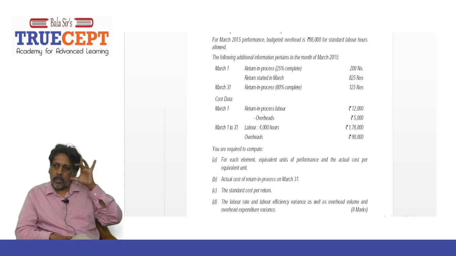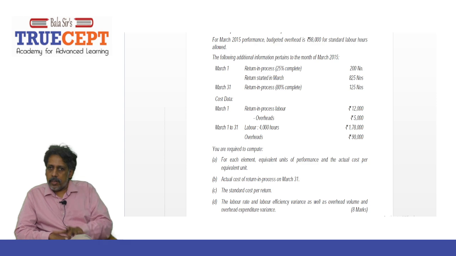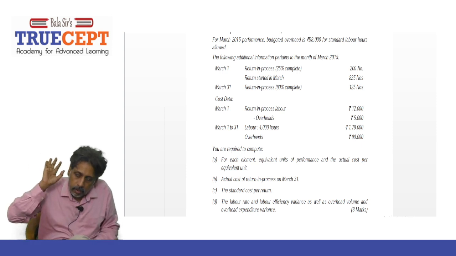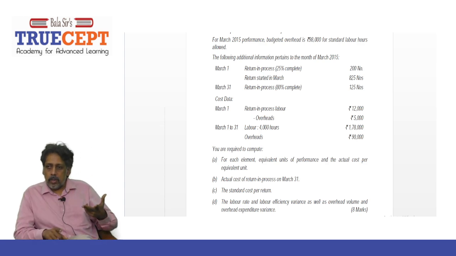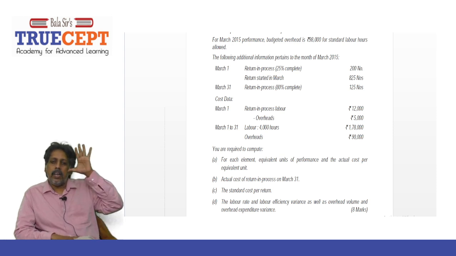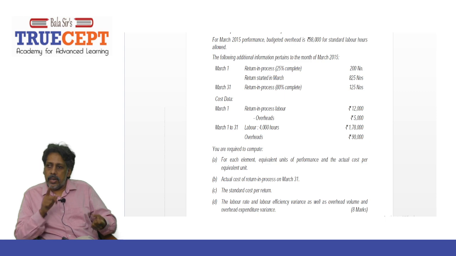So what is 1025 minus 125? 900. That means 900 returns would have been completed and filed in the month of March.